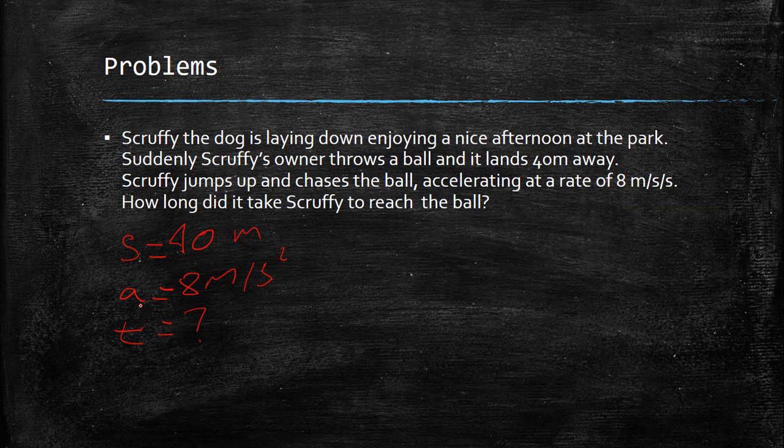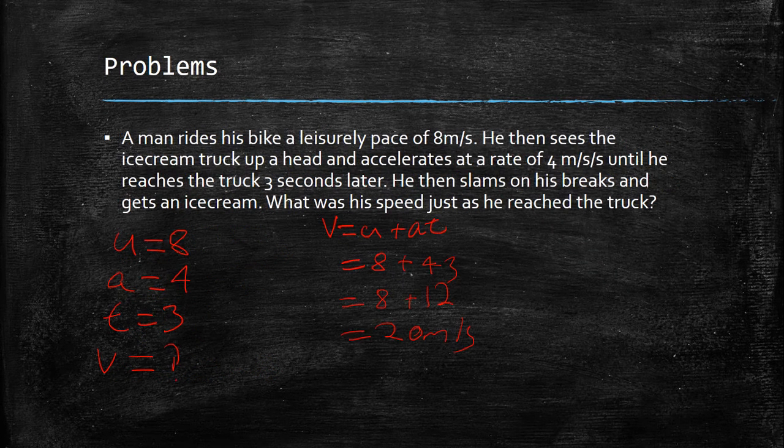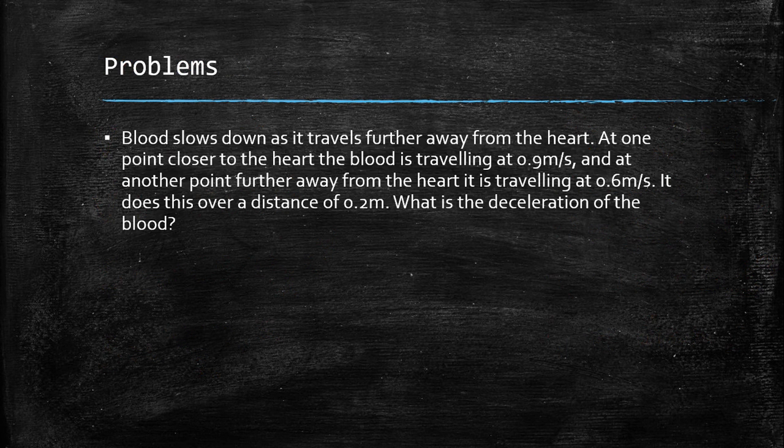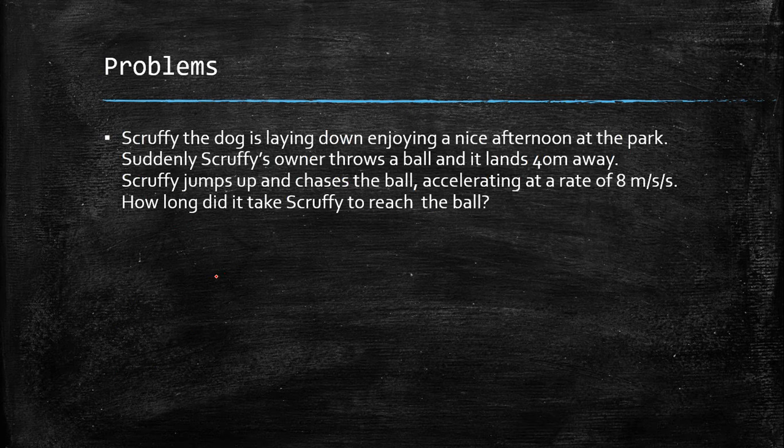This is where things get a bit challenging, because if you read the question, you can see that Scruffy is not moving at the beginning. He's laying down enjoying a nice afternoon. And so with that information, you can deduce that his initial velocity is 0. Now, can you see which equation you'd need to use? Well, let's go back. So we have S, A, T, U. We're trying to find the time.